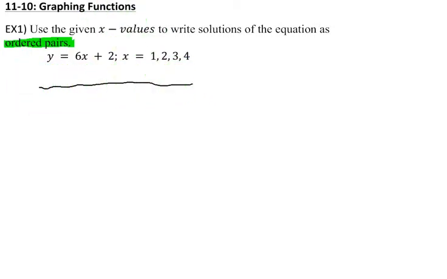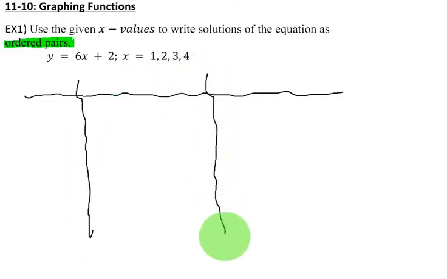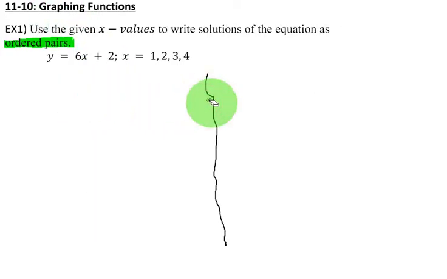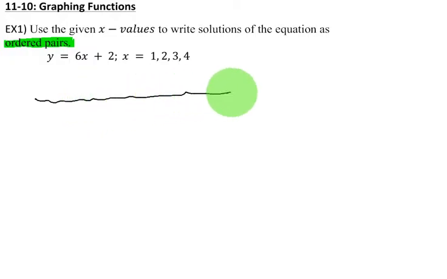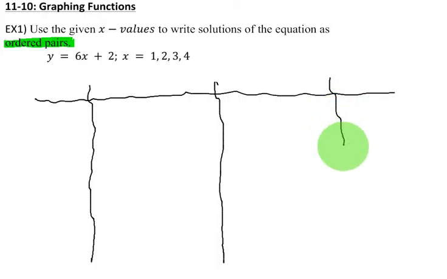Now I'm intentionally making this table wiggly and not perfect, because I want to have a little bit of fun with this table, so I'm just going to use this squiggly line. And over here, these are my x values.